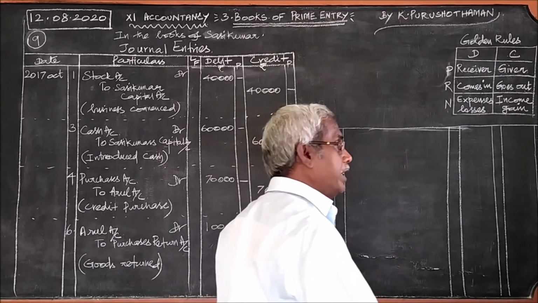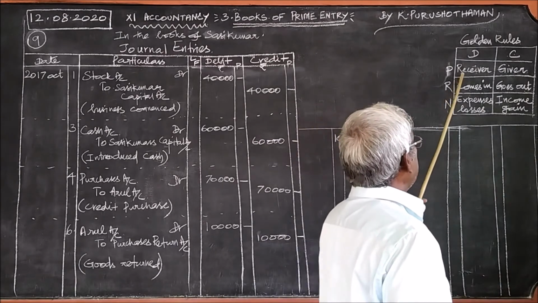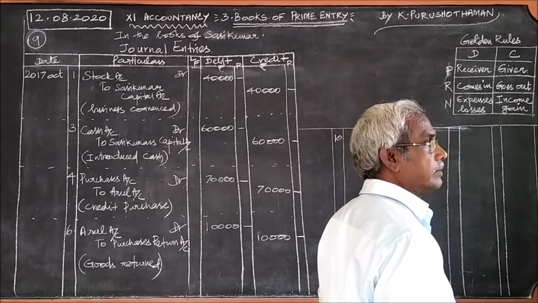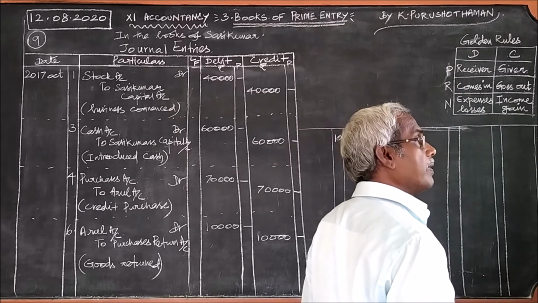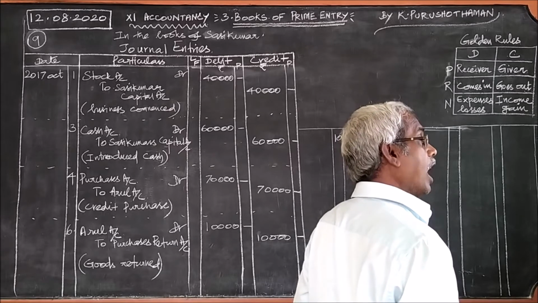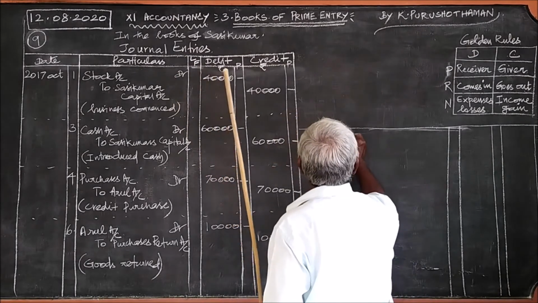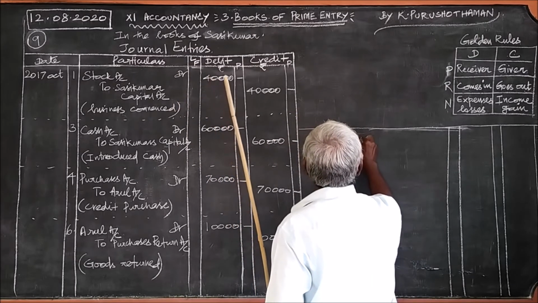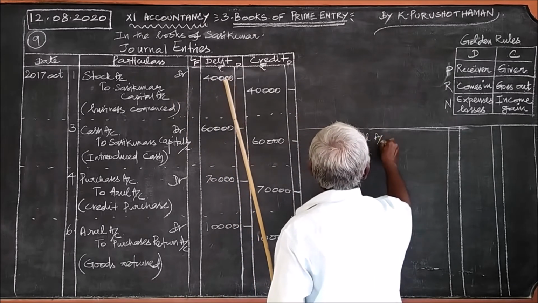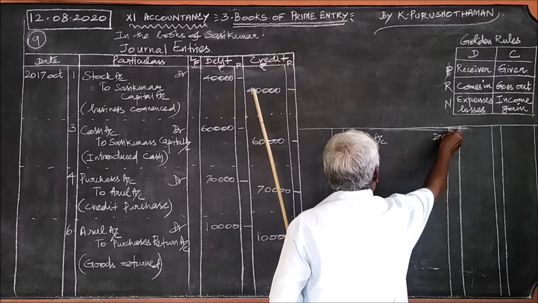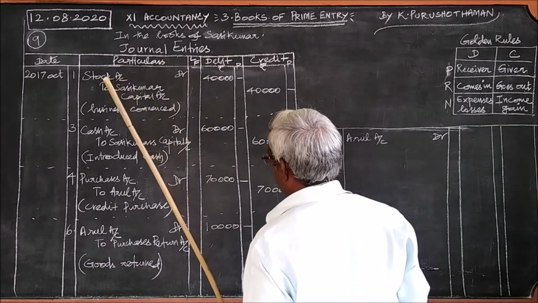When cash is paid to Arul, who is the receiver? Arul is the receiver. Therefore, debit the receiver rule. Therefore, Arul account debit.